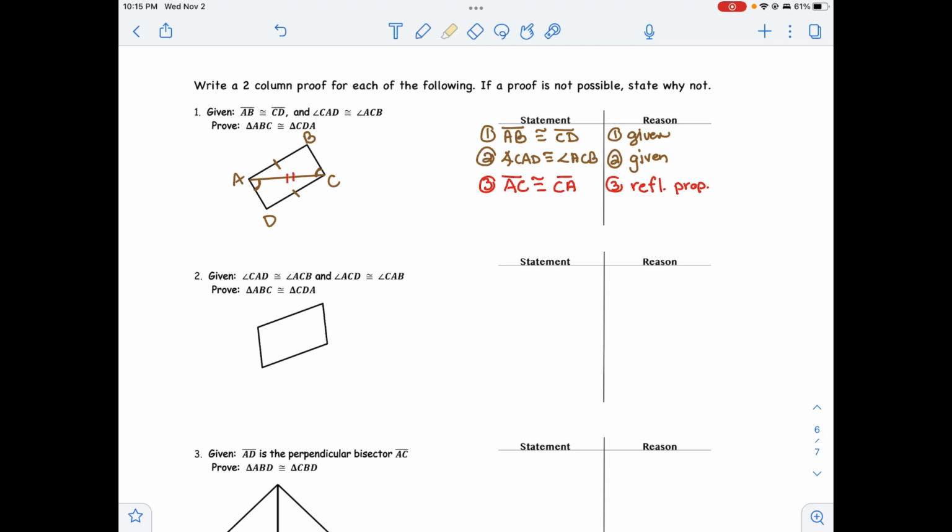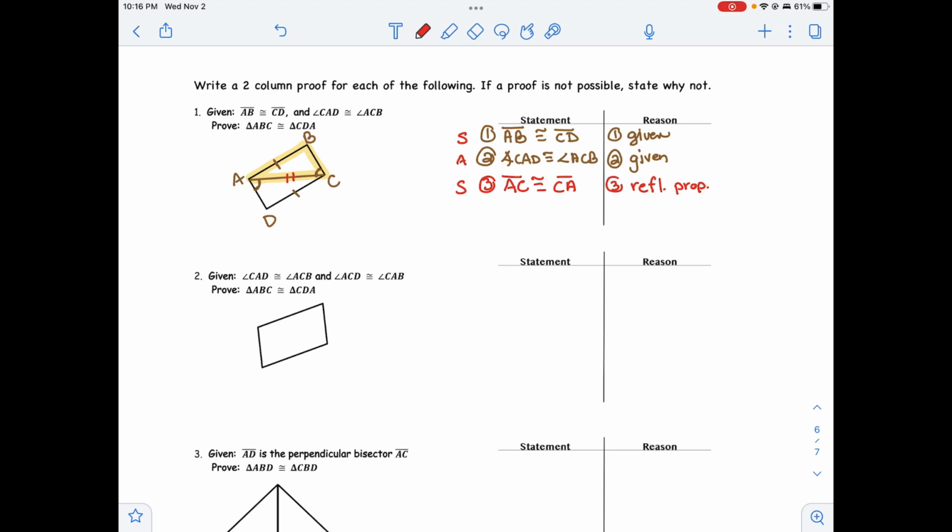So if we're looking now at ABC, we have a side, an angle, and we have another side, but they don't touch each other. So we're given here, we have a side here, we have an angle here, and we have a side here. But we don't have any right angles.